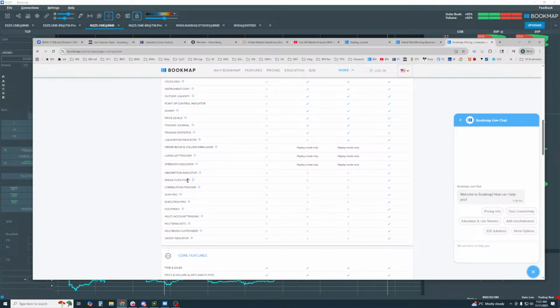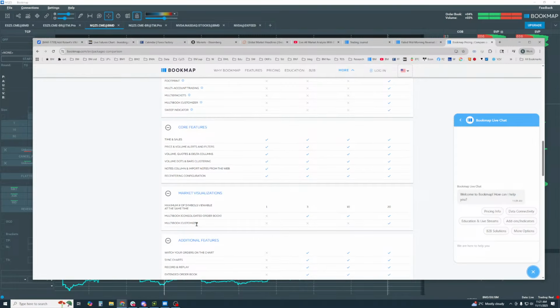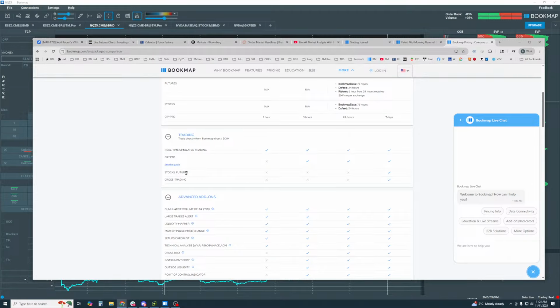Absorption, break-even point, correlation tracker, they will all work. Multi-book customizer will work. Multi-brackets, I'm not sure, I believe they work. And then sweeps indicator, yes, that'll work. And there's your multi-book customizer again. And then trading from the chart and cross trading. So those should all work.